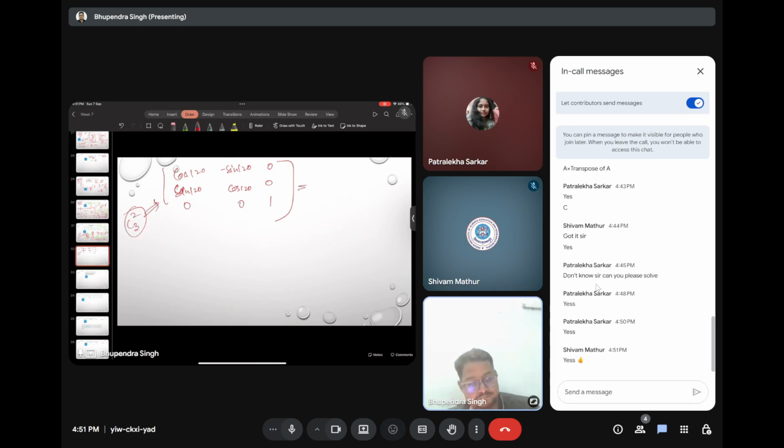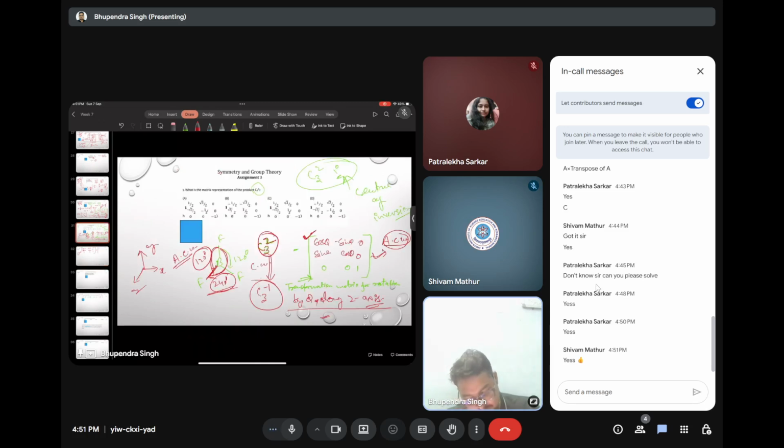Now this transformation matrix is for anti-clockwise rotation.